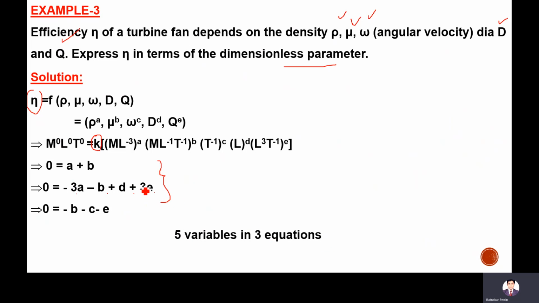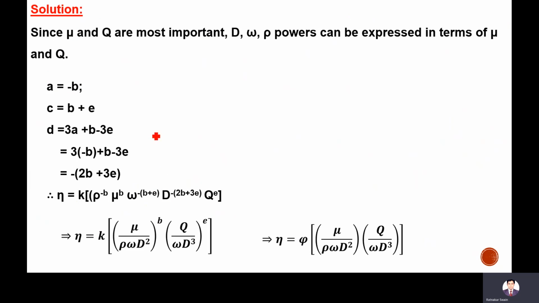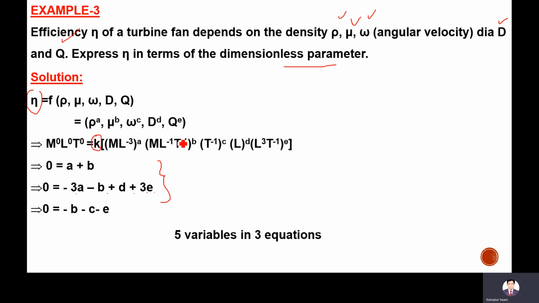Here mu and q are the most important. The powers of mu and q, b and e, are used to express the powers of the unimportant variables d, omega and rho. So mu power is b, q power is e.